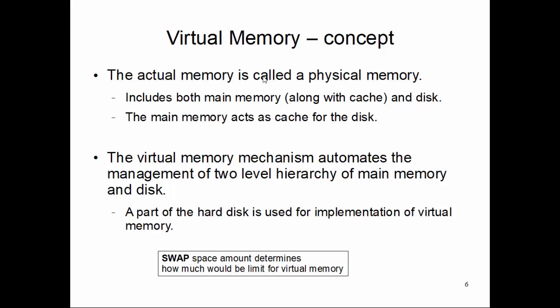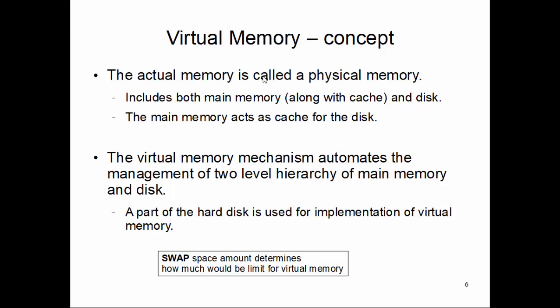The main memory acts as a cache for the disk. The virtual memory mechanism automates the management of the two-level hierarchy between main memory and the disk. Your cache system manages the hierarchy between the cache and the main memory, and virtual memory manages the memory hierarchy between main memory and the disk.